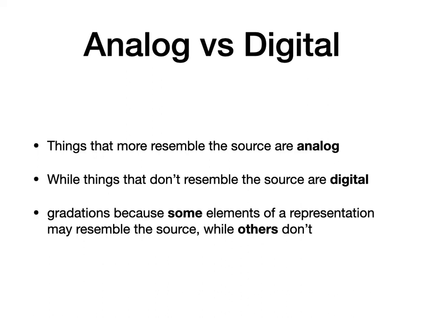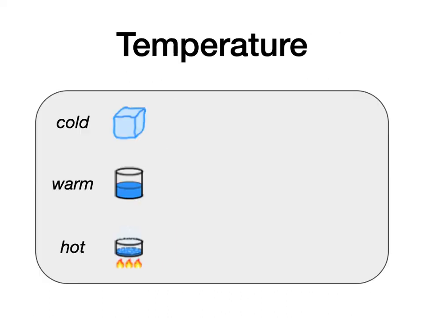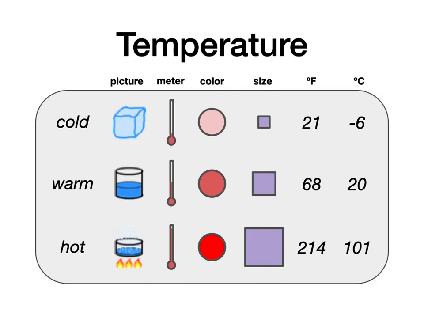And the gradation, we need that because some elements of a representation may resemble the source, while others don't. And this is pretty useful in understanding how complex your representation needs to be to make sense of things. Real quick, if we go back to the temperature, if I'm going to go out today and I just need to know if I need to wear a jacket or not, I'm going to do fine with the numbers on the right.